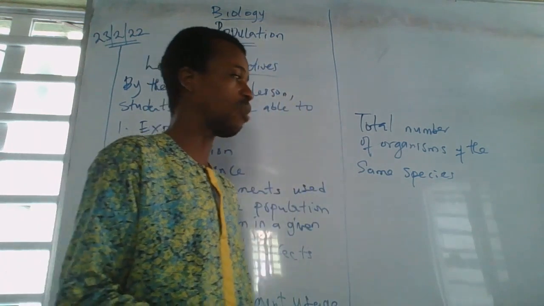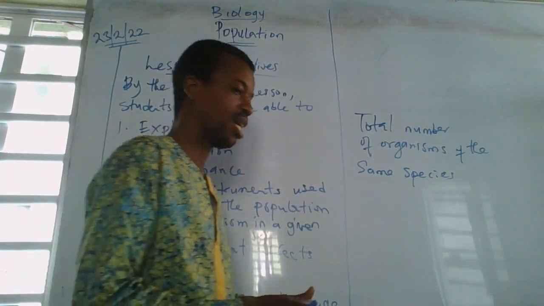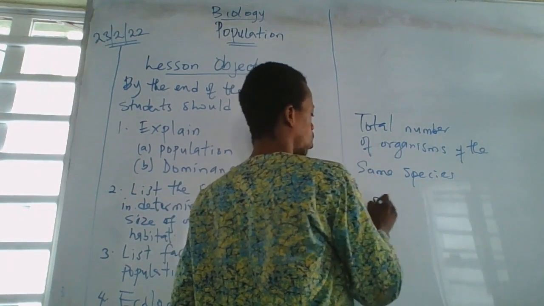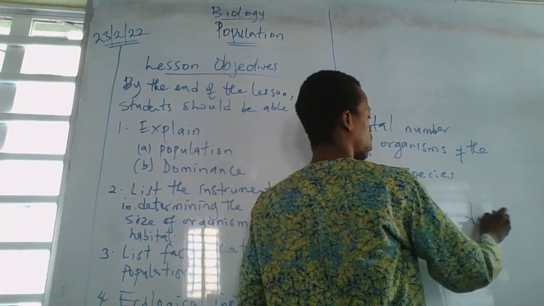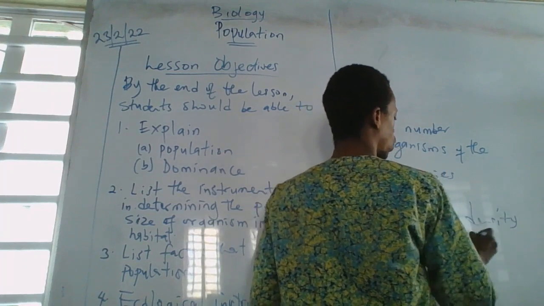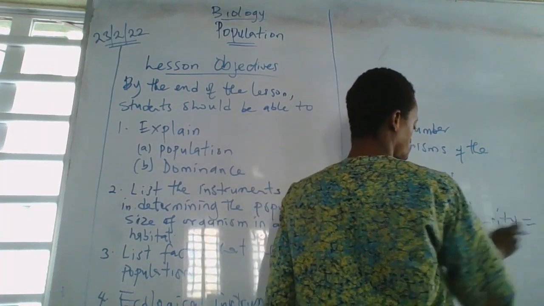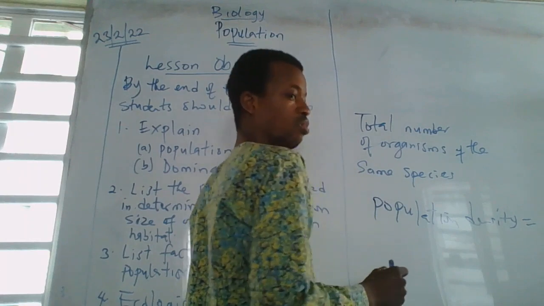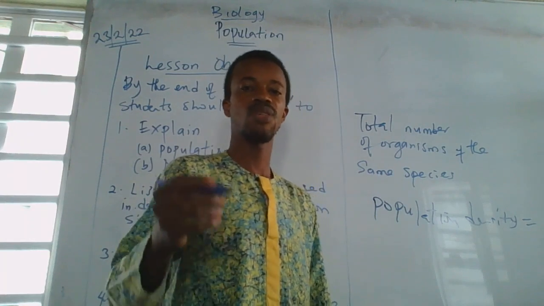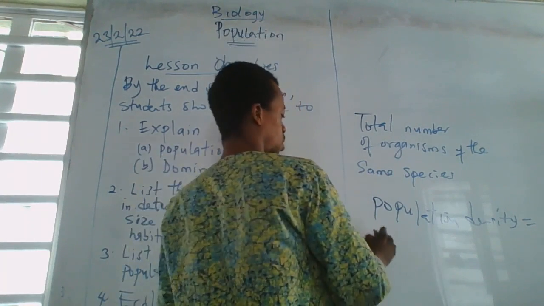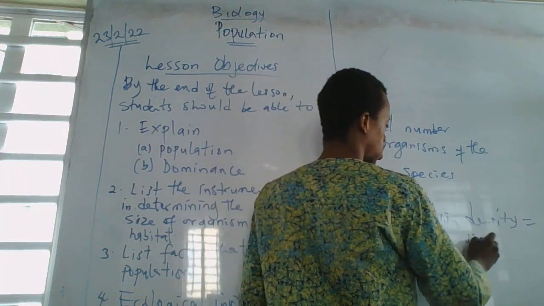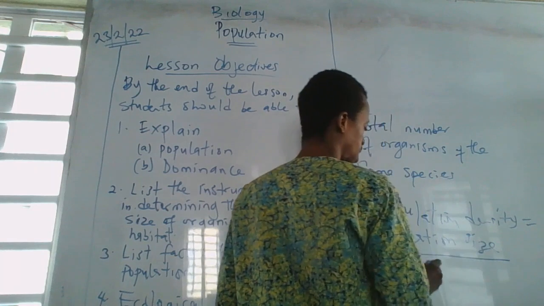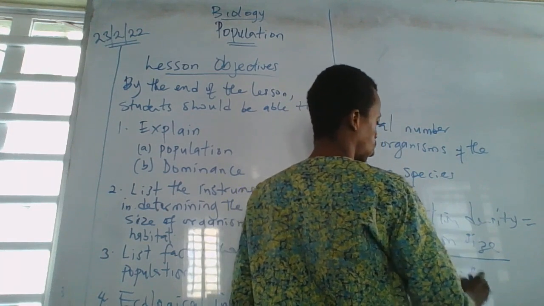We have a formula that we use to denote that: population density equals population size over area of habitat.